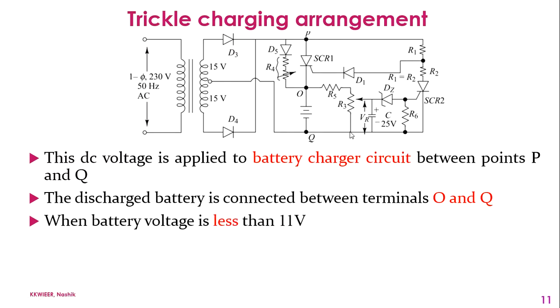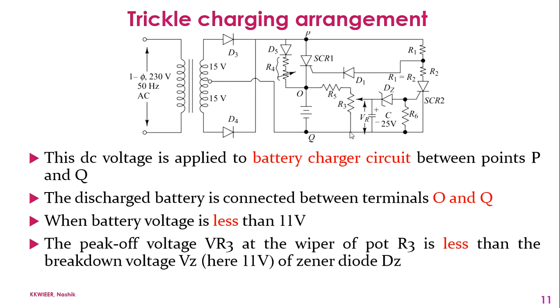So when the battery voltage is less than 11 volt, the peak of voltage VR3 at the wiper of the pot R3 is less than the breakdown voltage Vz, which is 11 volt, of the Zener diode DZ.